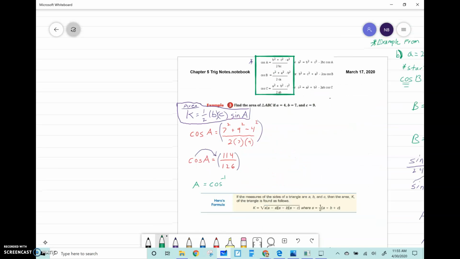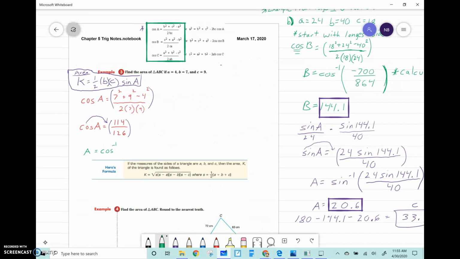The fraction of 114 over 126. And you can put all of that in your calculator. And when you do that, you end up with A equals 25.2.